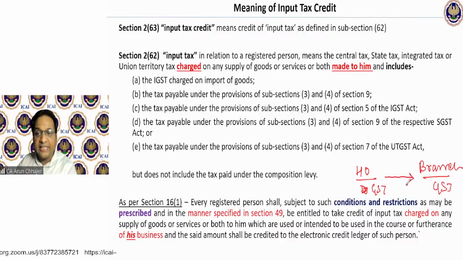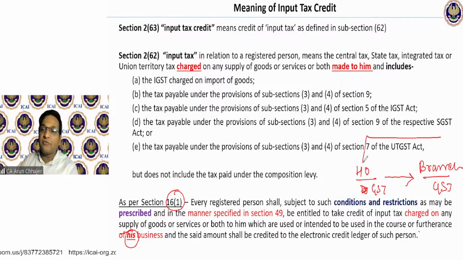If there is any relation, can HO take the ITC because 16(1) talks about his business? The answer would be primarily no. Primarily no. But yes, we will discuss. There is Circular 199, which we will talk about at a later stage, ISD versus cross charge.